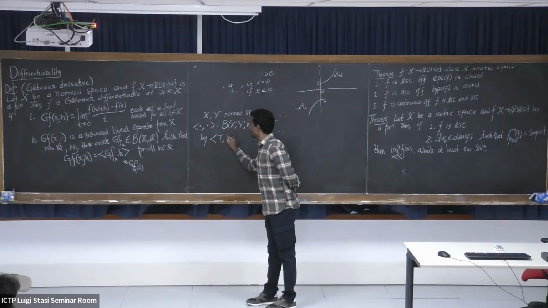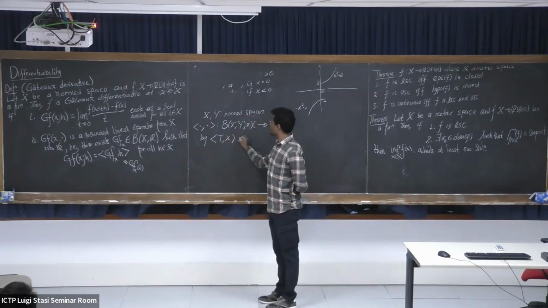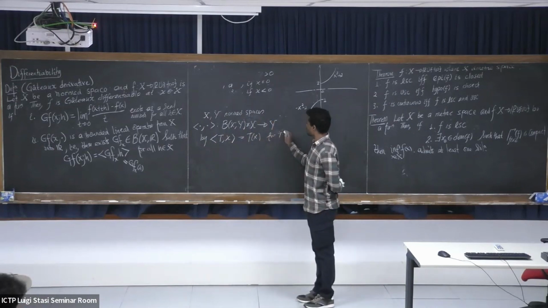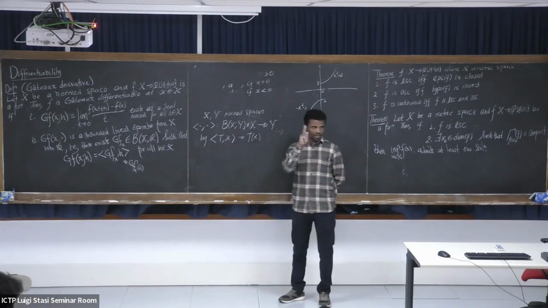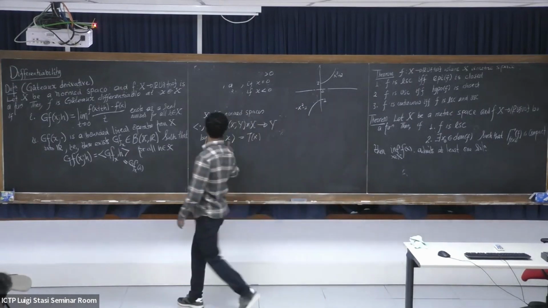It's bounded linear operators for this. This one will be an element of this. This mapping is a bifunction. It is linear in the first, and it is linear in the second.